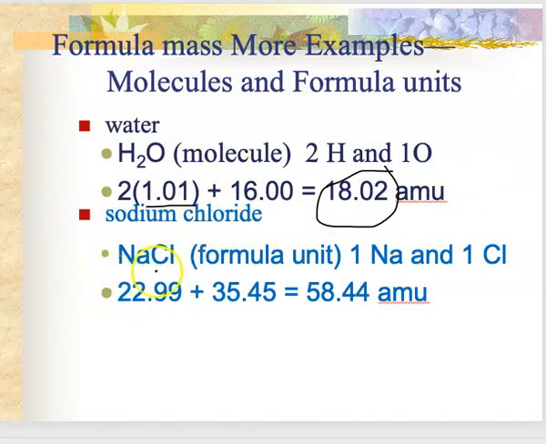Sodium chloride is a formula unit since it's an ionic compound, just 1 sodium and 1 chlorine. So you only have to add those 2 masses for each element together to get the molar mass, or formula mass, for sodium chloride of 58.44.